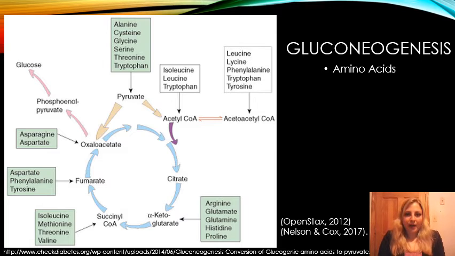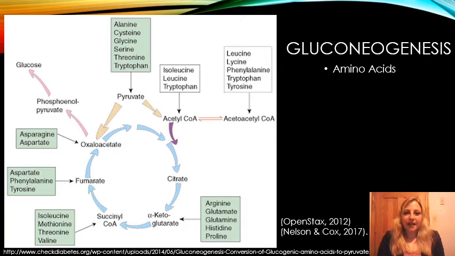Starting on the bottom right, with the green boxes, arginine, glutamate, glutamine, histidine, and proline can enter as alpha-ketoglutarate. Moving to the left, isoleucine, methionine, threonine, and valine can enter as succinyl-CoA.